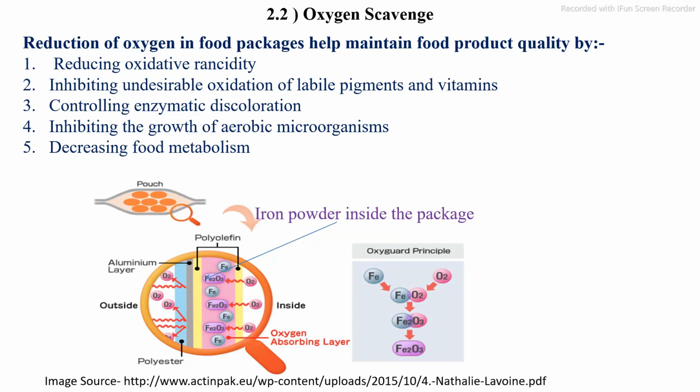You can see in this photo how the iron powder, that is the oxygen scavenger powder, is incorporated in between the packaging layers. This ferrous oxide or iron powder acts as an oxygen scavenger. Whatever internal oxygen is present is absorbed and reacts with the iron powder, forming a stable salt.